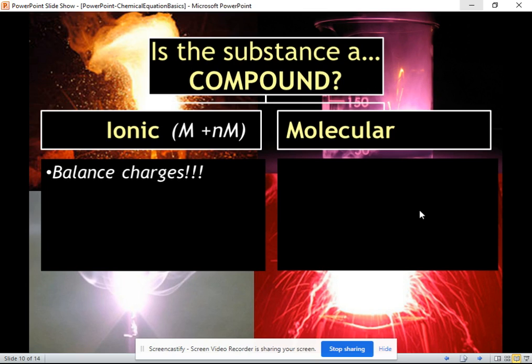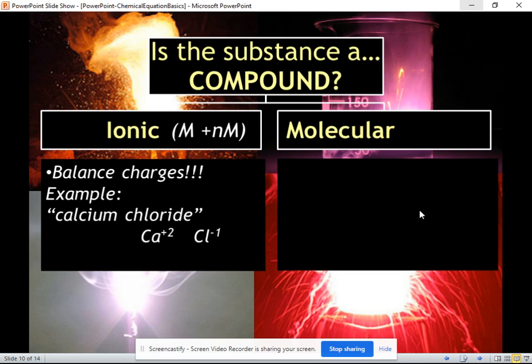So again, when you put these into formulas, you need to balance their charges by looking at cross-charging. Okay? So for example, calcium chloride. Calcium has a charge of 2+, right? It's in the second group. Chlorine has a charge of -1.